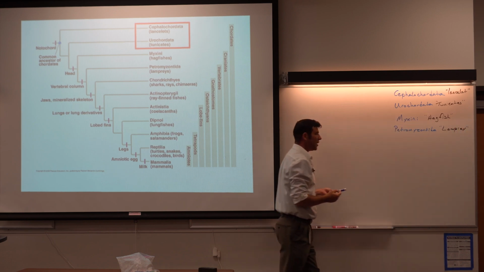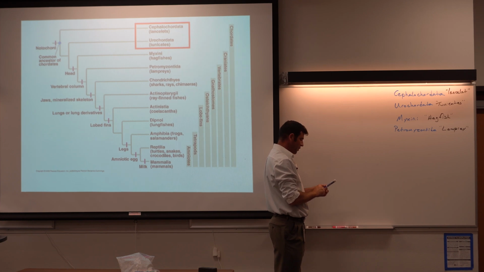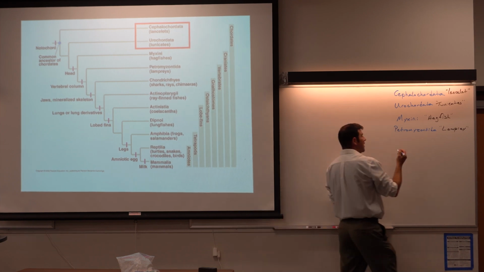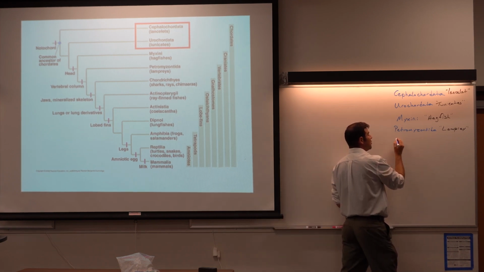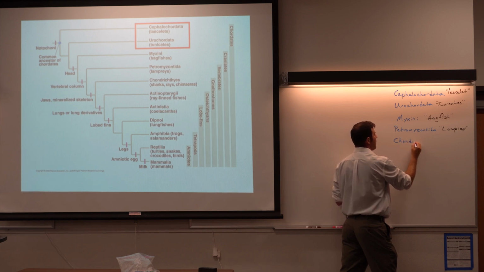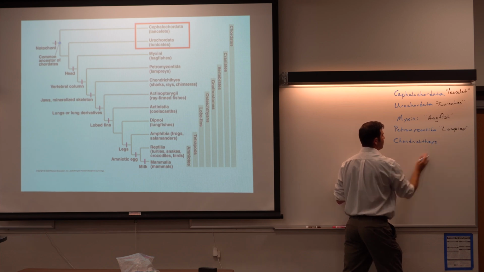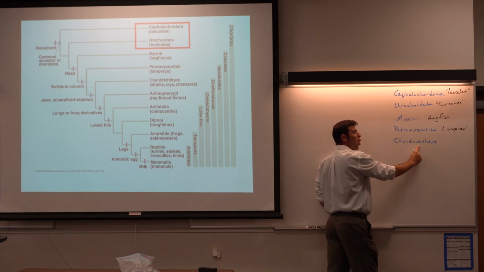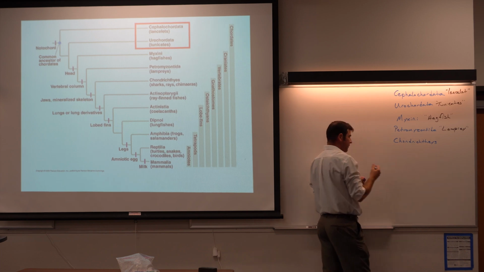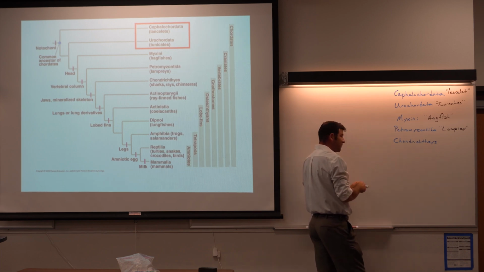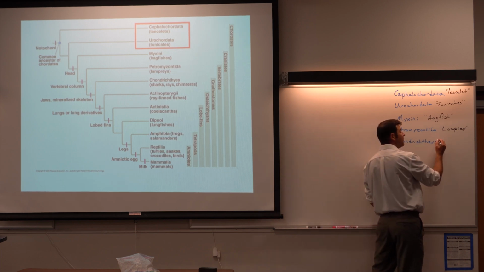So we'll see a lamprey as our example of this class. Beneath that, there is a class of cartilaginous fish called Chondrichthyes. Chondral just means cartilage, and ichthyes means fish. So Chondrichthyes describes cartilaginous fish.